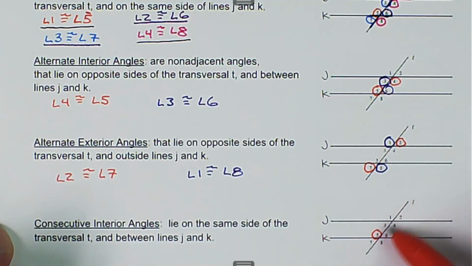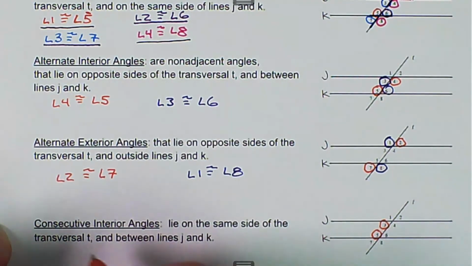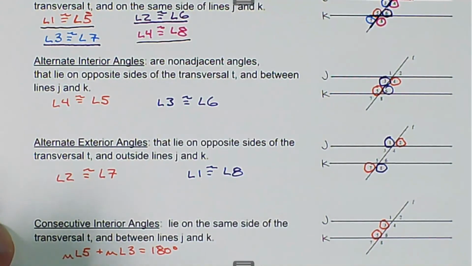So here's transversal T. It has to be on the same side and has to be interior. So that's angle 3. Now these are not congruent. So this would be the measure of angle 5 plus the measure of angle 3 is equal to 180 degrees.